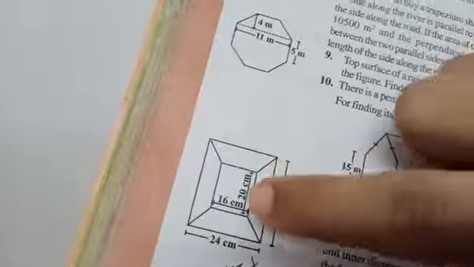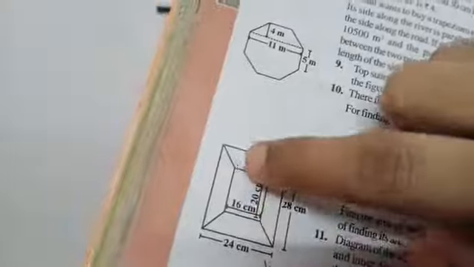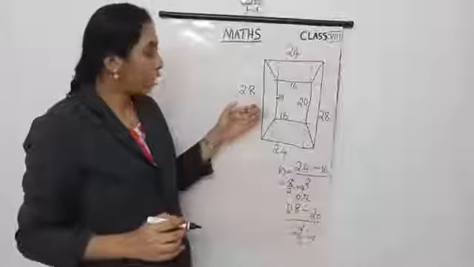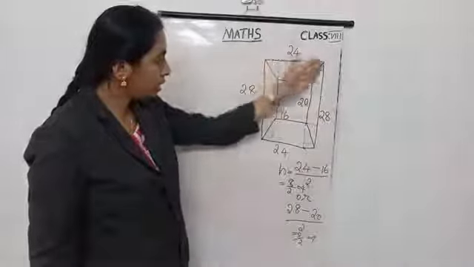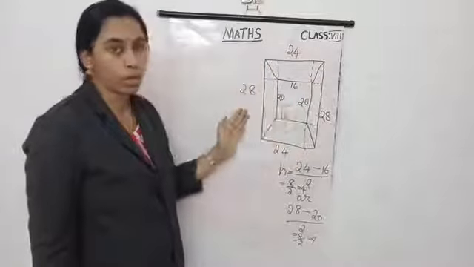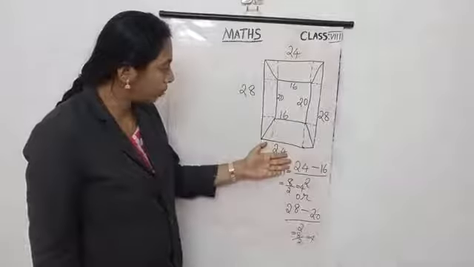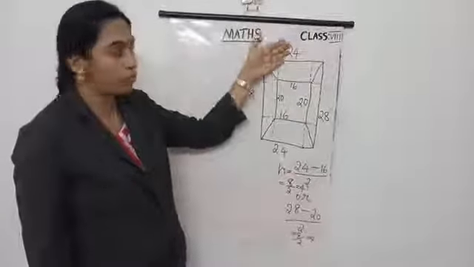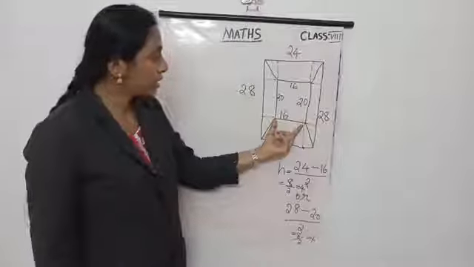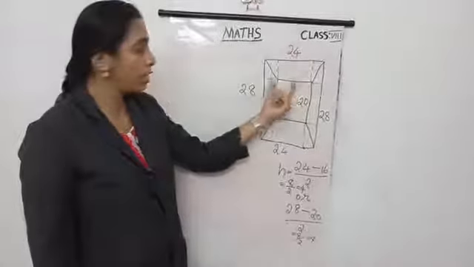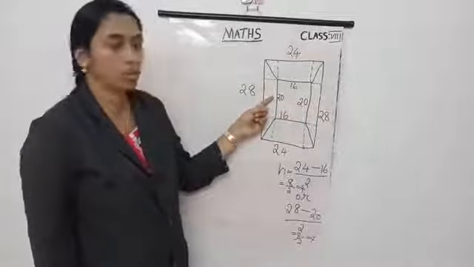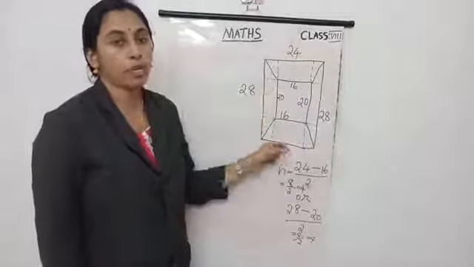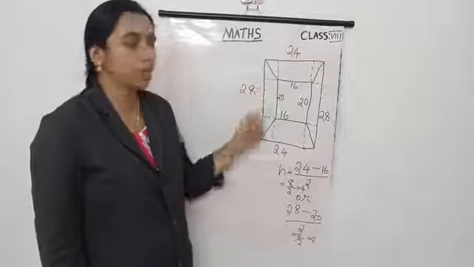So we need to find area of this and this. Okay. So according to the question, this side 28 centimeter, this side also 28, then this side 24, so this is also 24. Now this is 16 centimeter, so this is also 16, this is 20, so this is also 20. Now we need to find the height of this trapezium.